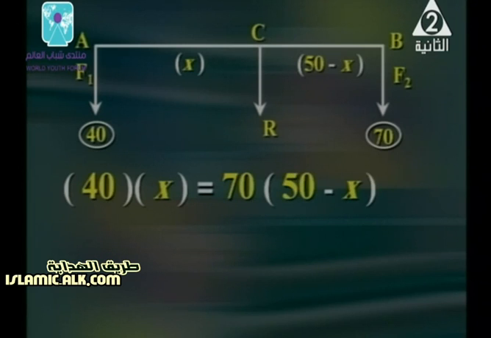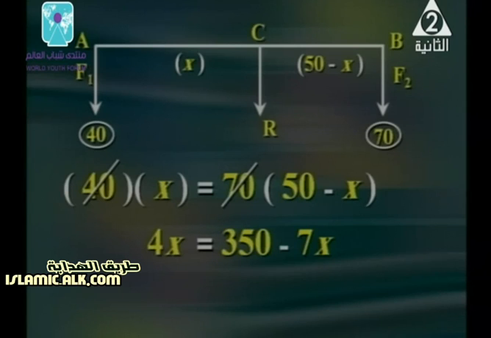Moment: 40 times x equals 70 times 50 minus x, or 40 times x minus 70 times (50 minus x) equals 0. We obtain the equation: left hand side 4 times x, right hand side 70 times the bracket containing 50 minus x, divided by 10. Then 4x equals 350 minus 7x.